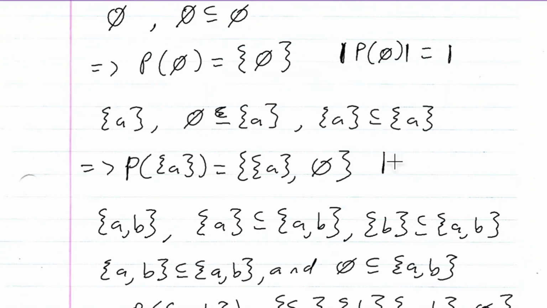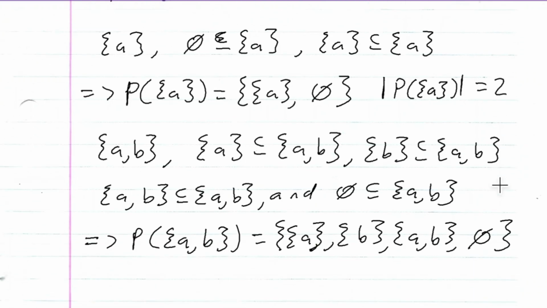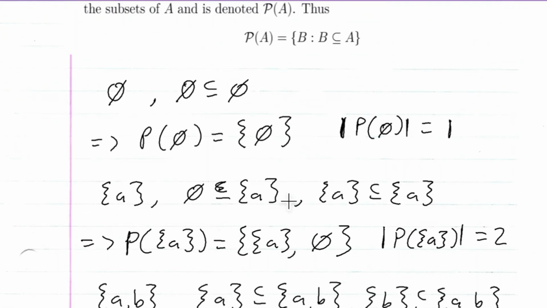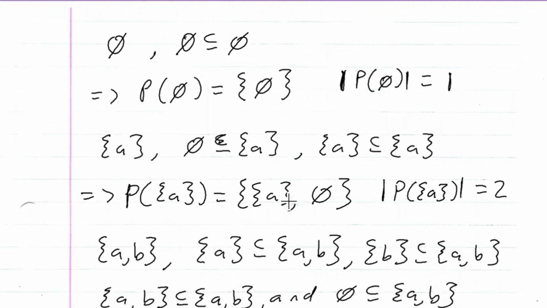So the cardinality of the power set of A gave us 2. And for the last one, when we had two elements, we know that the power set of a set containing two elements gave us 4. So the cardinality of the power set of A and B gave us 4. And hopefully you guys can see the relationship.